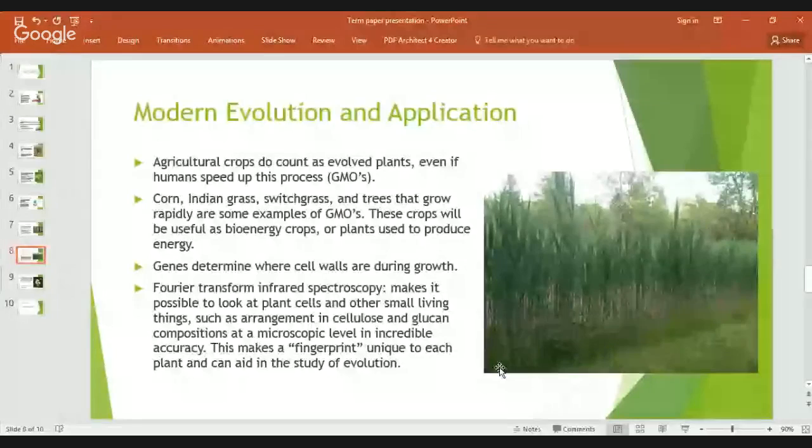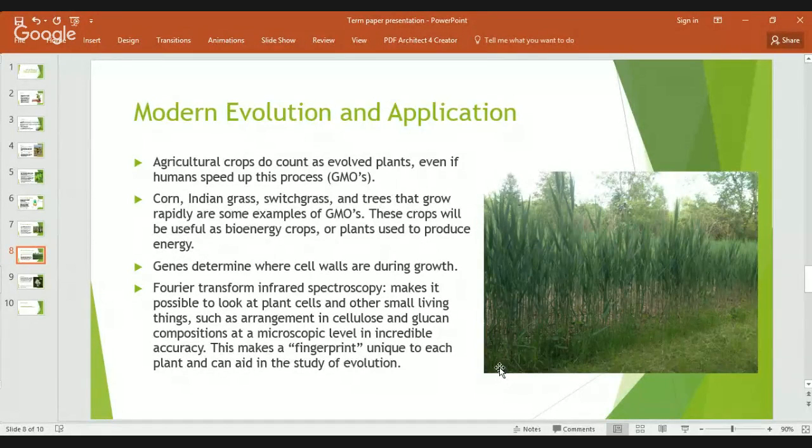All right, then here I put this section in my paper because I think it's interesting: the modern evolution of plants and applications. When you think of modernly evolved plants, you might think of GMOs. GMOs actually aren't bad, it's just the selecting of certain genes to be put into the next gene pool, and it just speeds up this process.